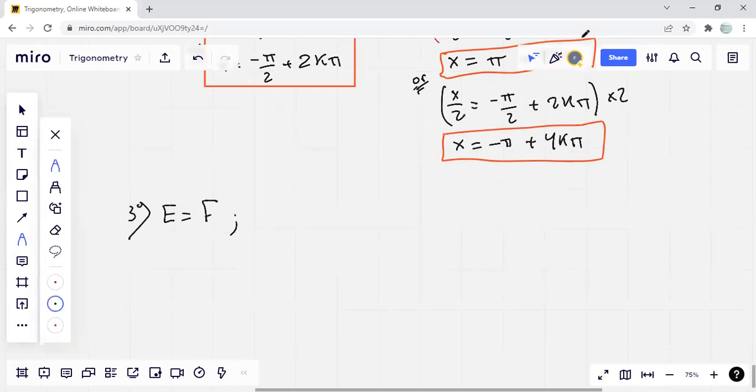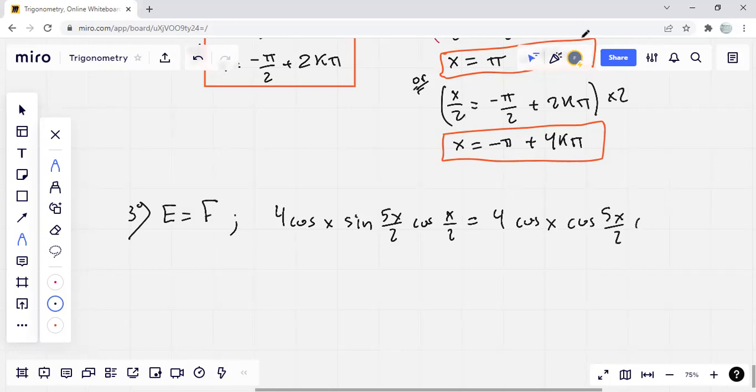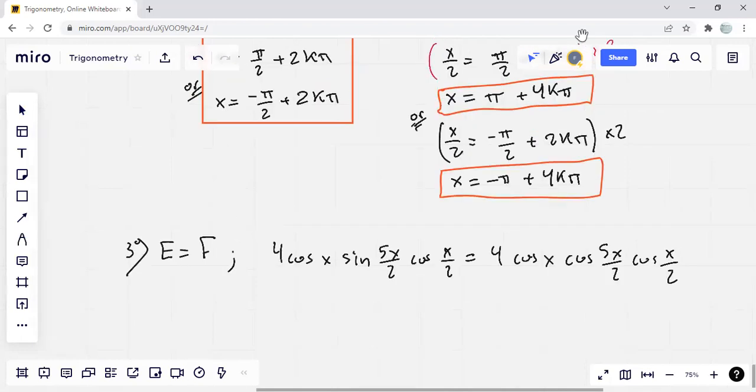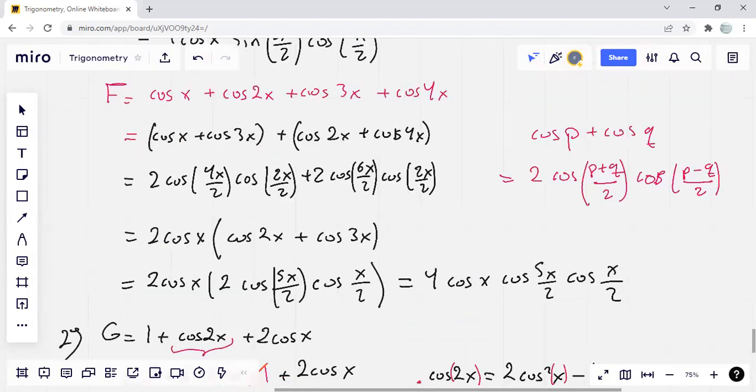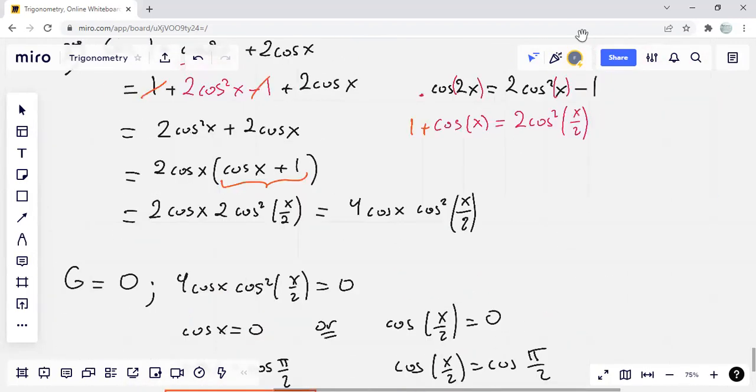So 4 cosine x sine of 5x over 2 cosine of x over 2. This will be equal to F, which I think is the same, but instead of sine here we have cosine. Let's make sure this is F. So 4 cosine x, cosine, cosine. Excellent.